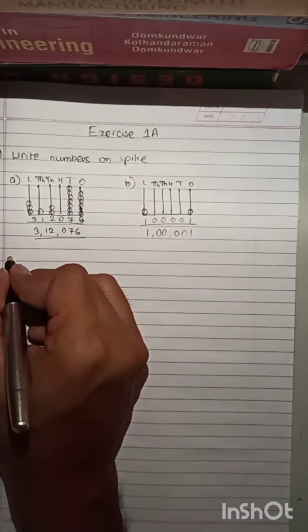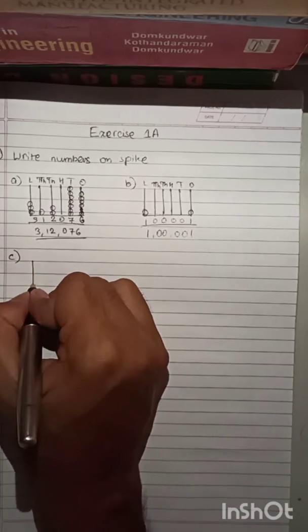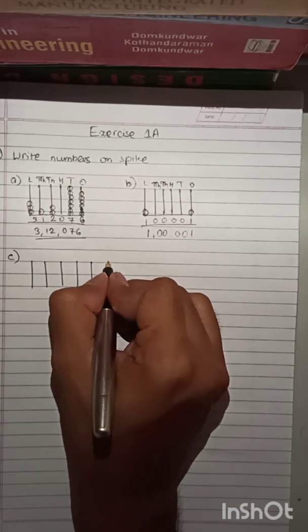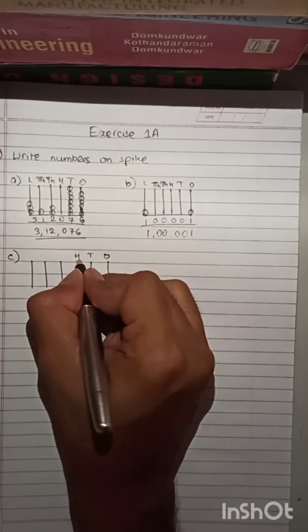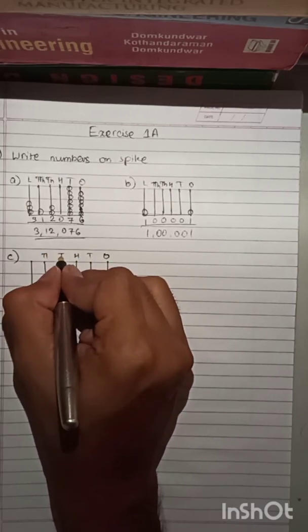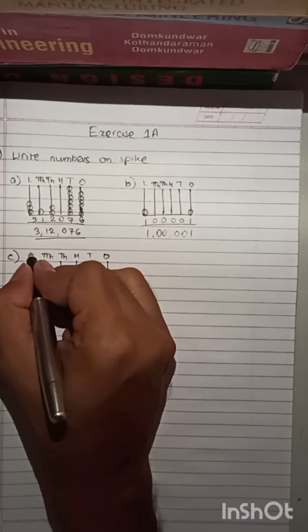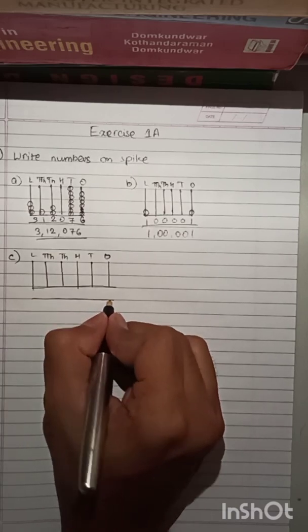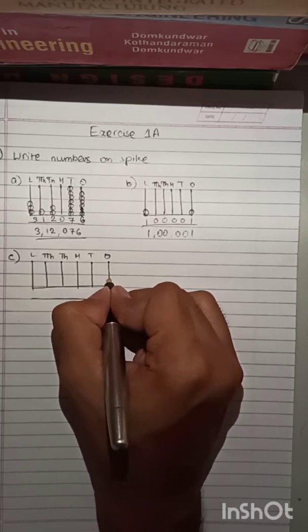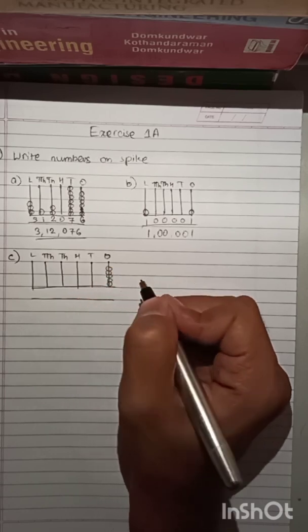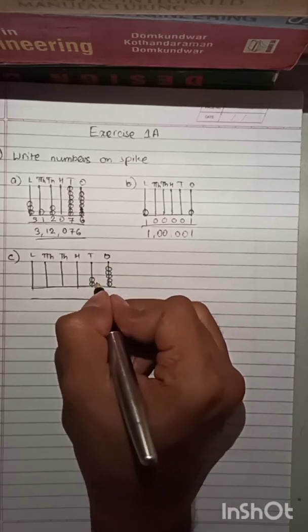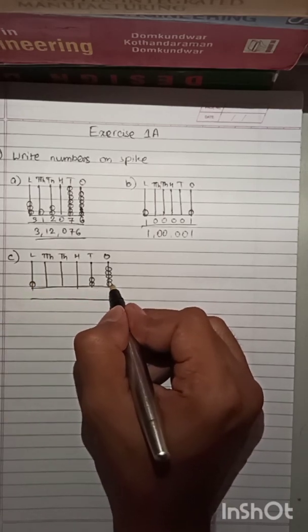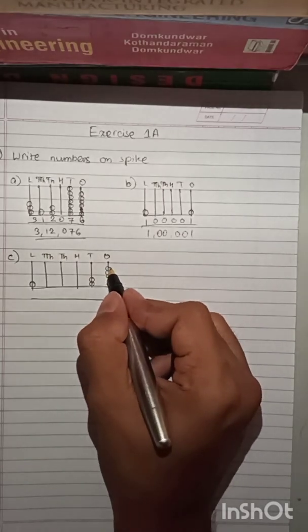Now here we have another question. In this question, I have 5 beads on ones spike, 1, 2, 3, 4, 5.